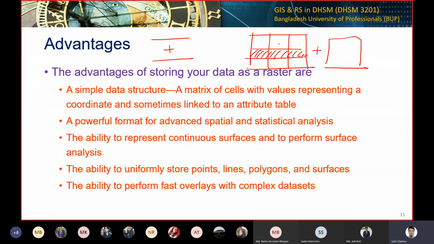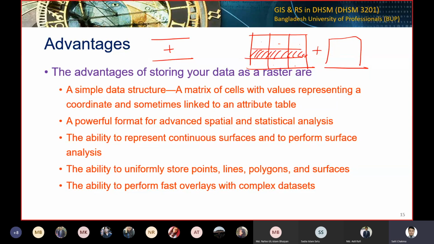And the ability to perform fast overlays with complex datasets. That's very true. It overlays very fast with complex datasets, because even if the dataset has complex heterogeneous values in the cells, at the end of the day, it has only the cells.